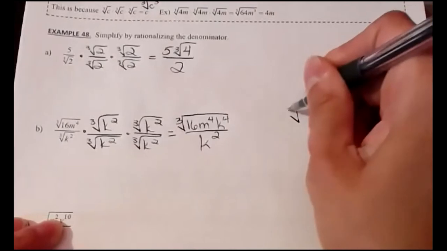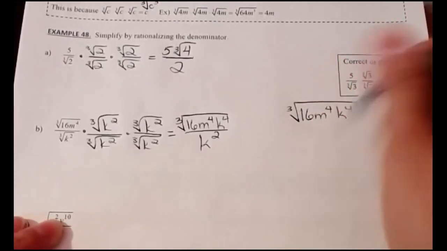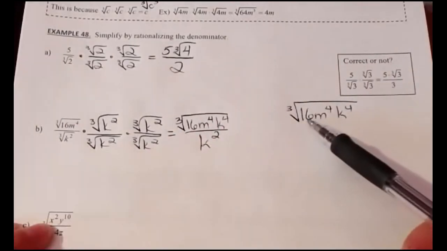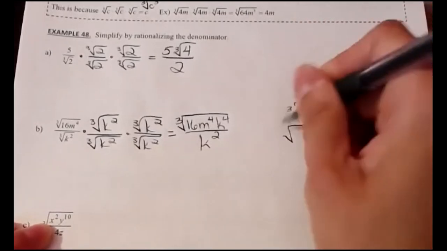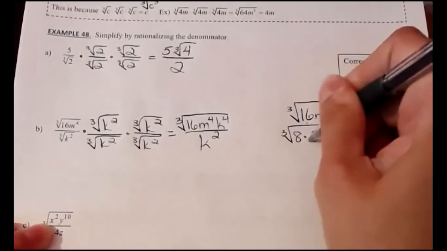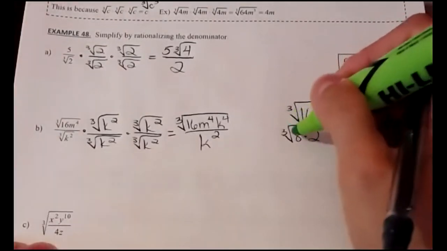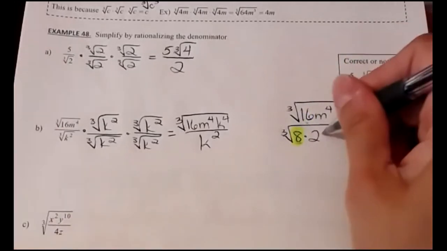So the cube root, I like to do a lot of side work so that it doesn't clutter up the space that I'm using to actually write my answer. We look at 16, we're looking for a perfect cube. That's going to be 8. So 8 times 2 is 16. I'm going to go ahead and highlight 8. M to the 4th, we did this a bunch of times already.